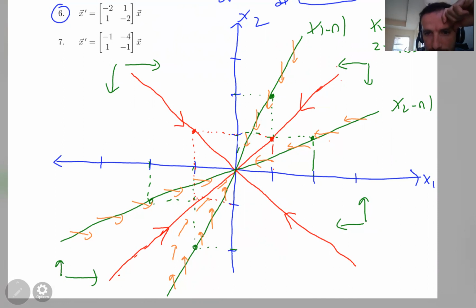For example, here again it's coming this way and through the origin. Here also coming this way. And from here to there, it's again directing through the origin.